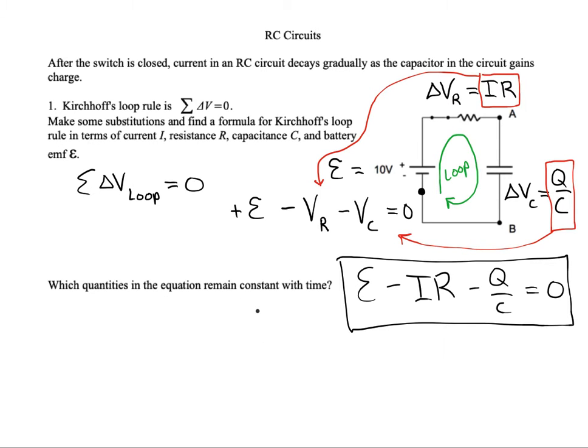The quantity which remains constant throughout time, though, is the voltage across the battery. So if we are to rearrange, we can see that the voltage of the resistor plus the voltage of the capacitor always has to equal the EMF of the battery.